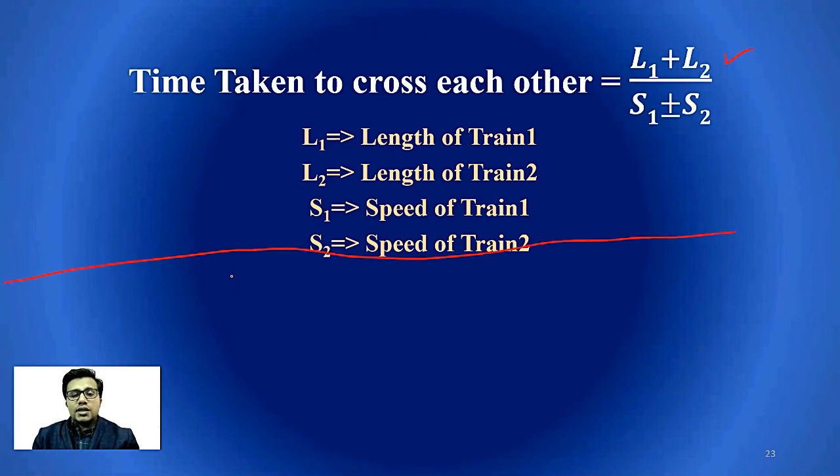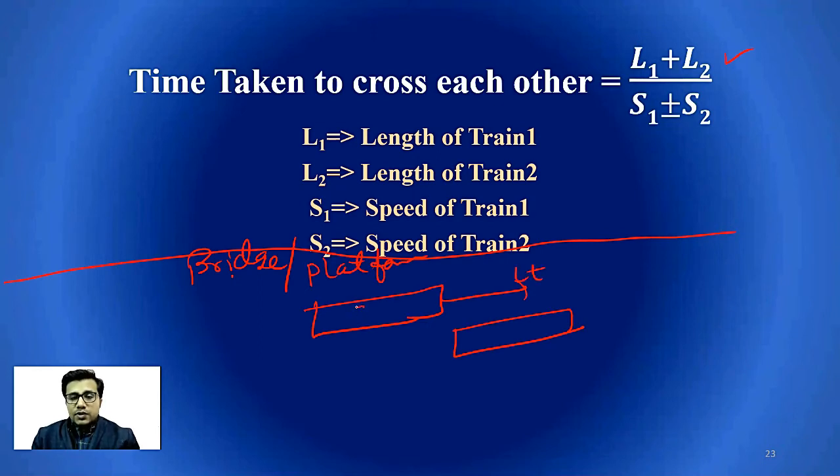Let's say I talk about the train crossing a bridge or a platform. Both are same. Length of train, speed of train, length of bridge, speed of bridge. Speed of bridge will be how much? Obviously the bridge cannot move, the platform cannot move, so speed is going to be 0. Let's put all these values in this formula now.